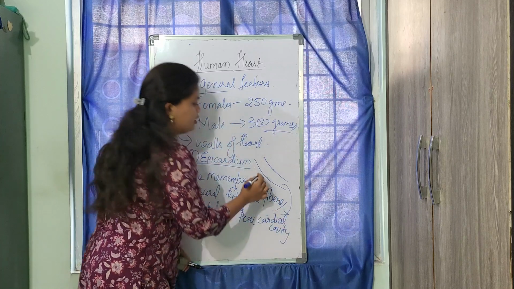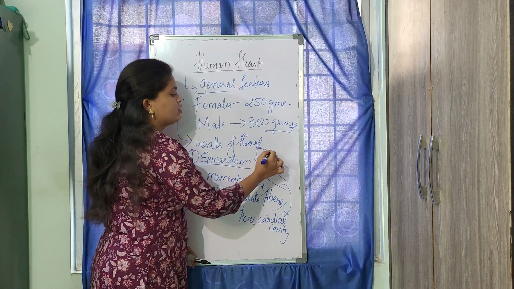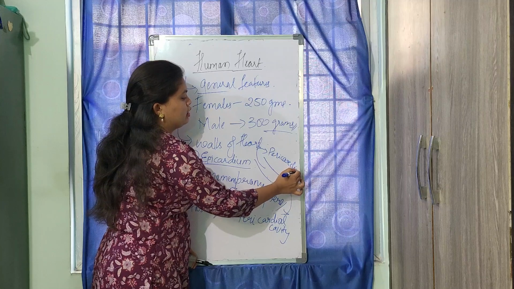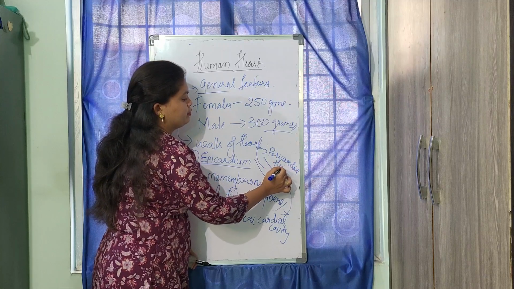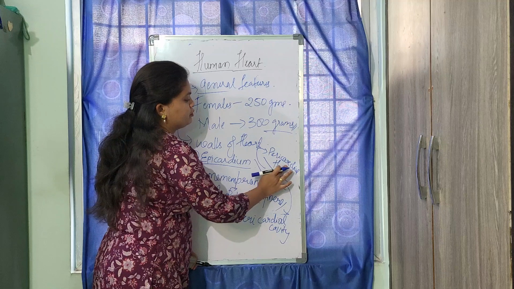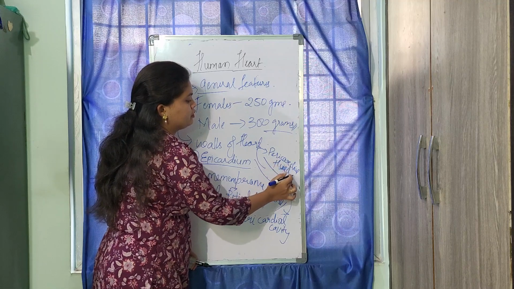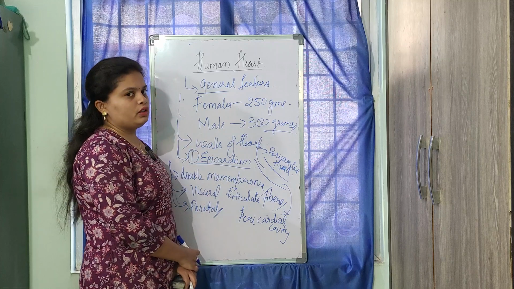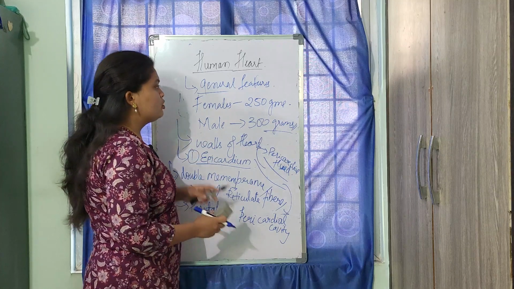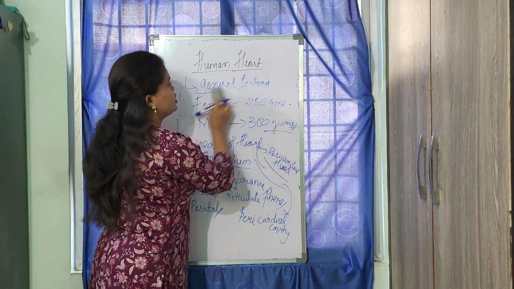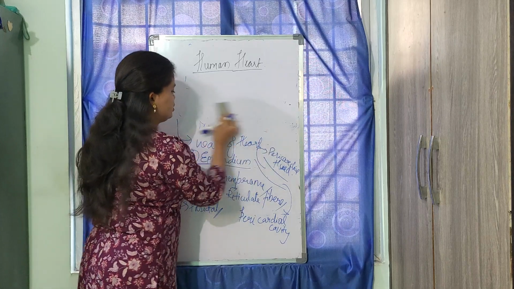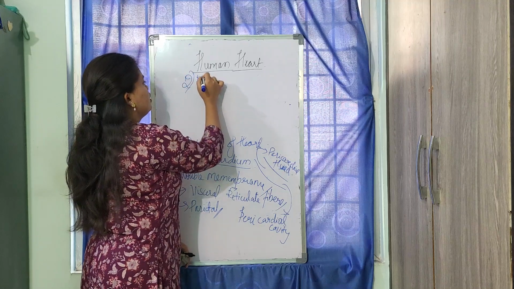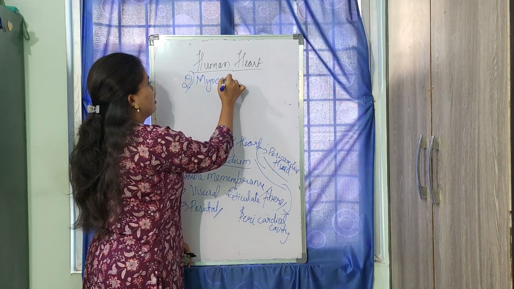And there is a fluid present, which is the pericardial fluid. So this is the first layer of the heart wall. Let's talk about the second one, which is a very important layer. The second one is the myocardium.